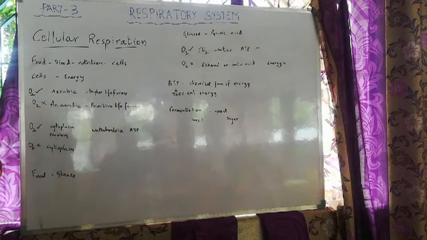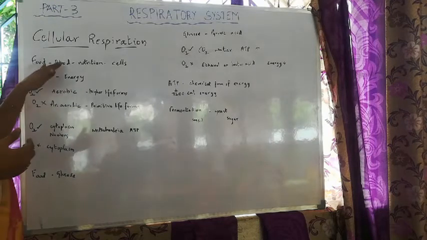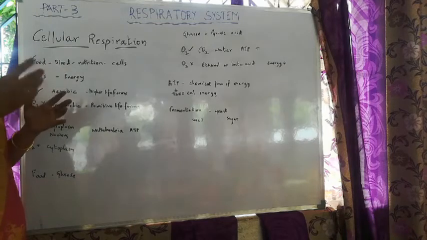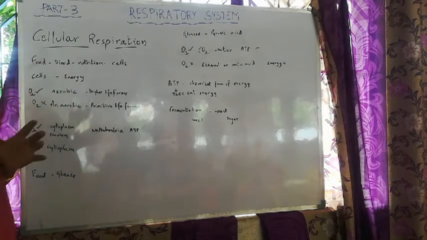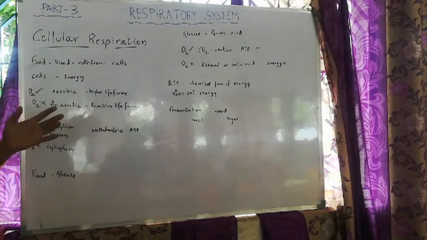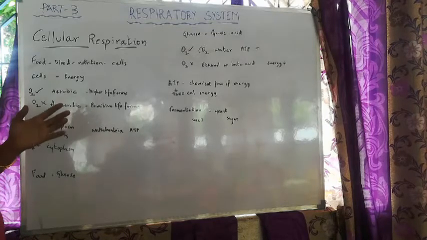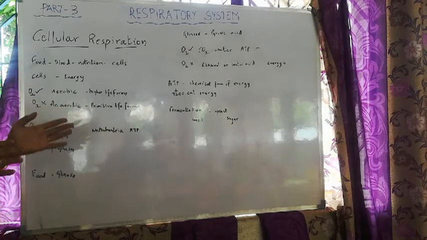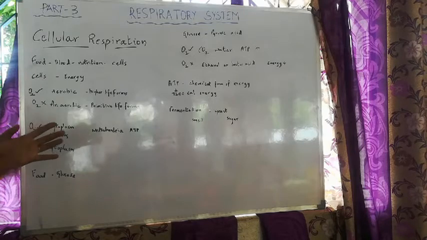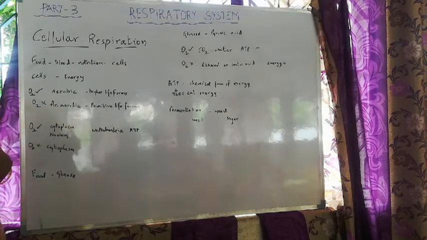Water also gets absorbed. So how are the nutrients from our stomach, that is from our digestive tract, entering our blood? Through the blood supply given to the digestive tract. Digestive tract is a part of our own body. So all the parts of our body have blood supply.